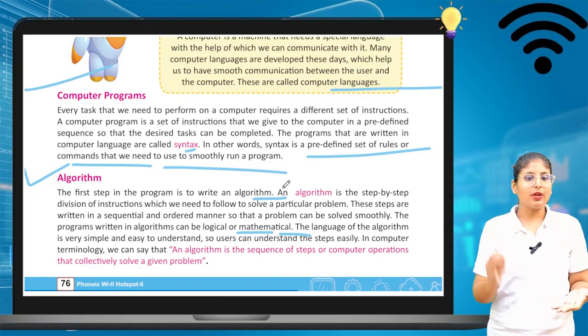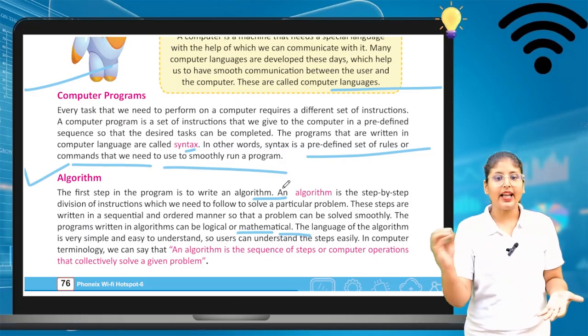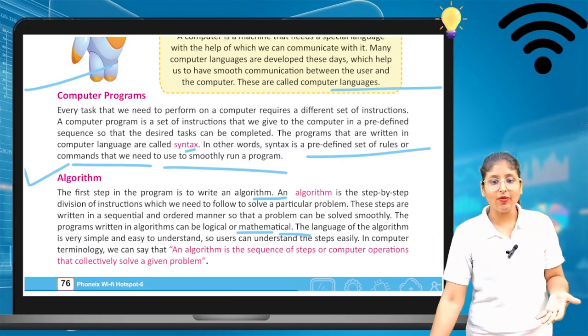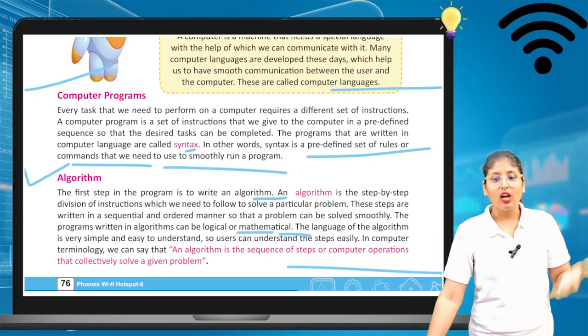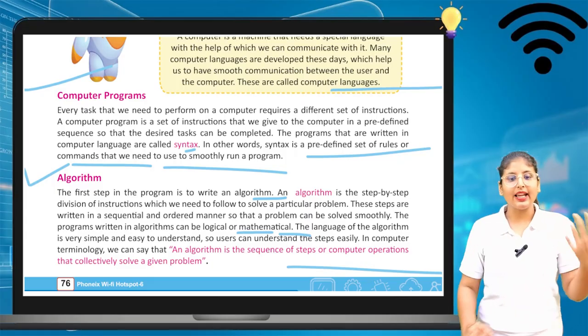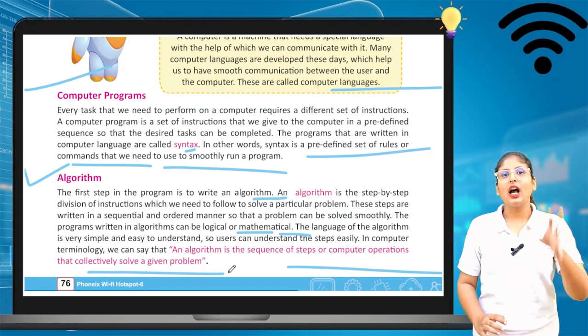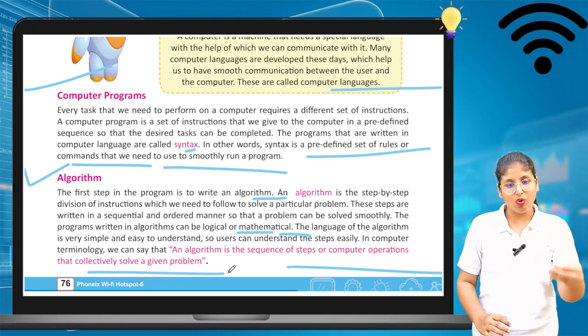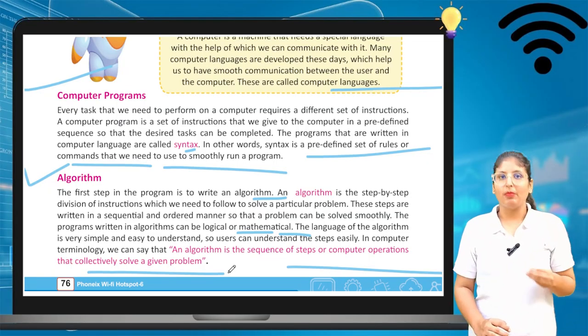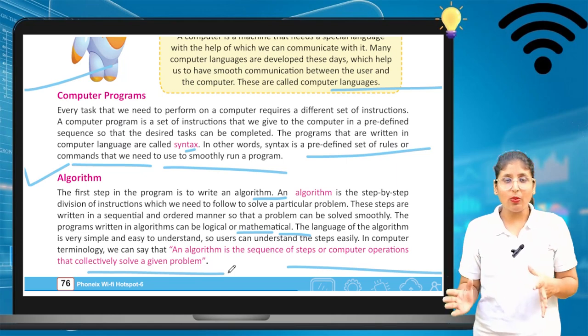In computer terminology, an algorithm is the sequence of steps or computer operations that collectively solve a given problem. With the help of this algorithm, we are able to solve a given problem. We will see how.